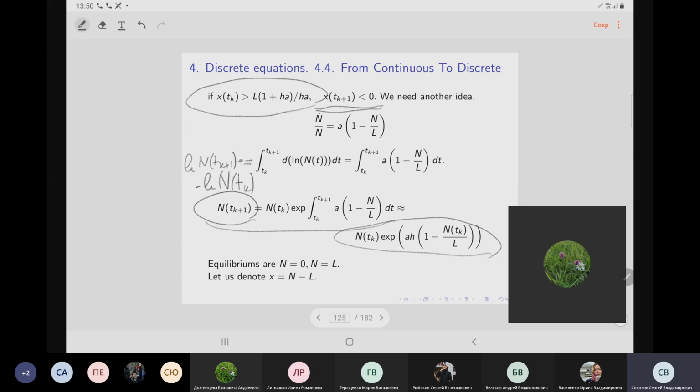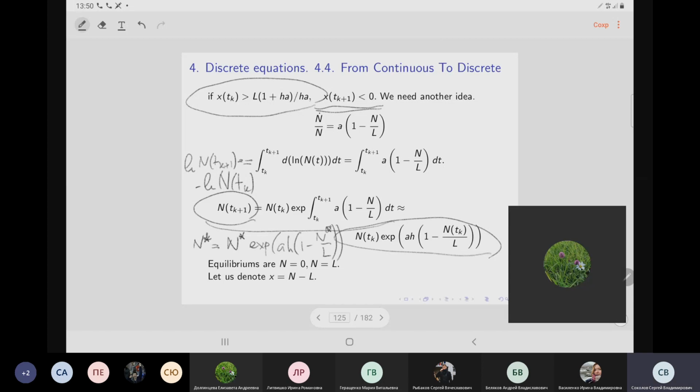And next, we can calculate equilibriums in this equation. So for the discrete case, the equation for equilibriums is n equals n times exponent of AH times (1 minus n divided by L).